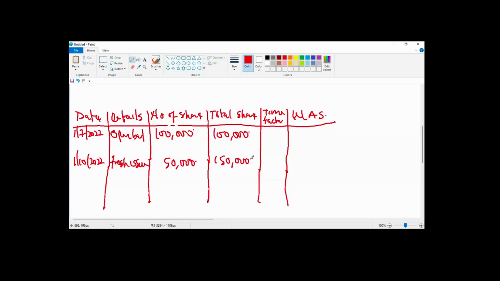Don't forget, it said Mirage PLC entered into a market transaction on 1st of December 2022 to repurchase.